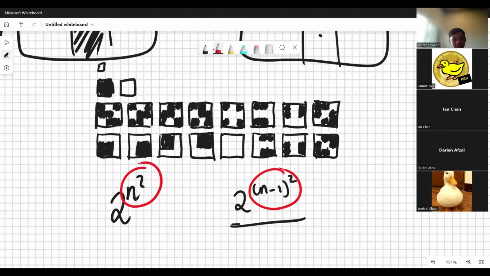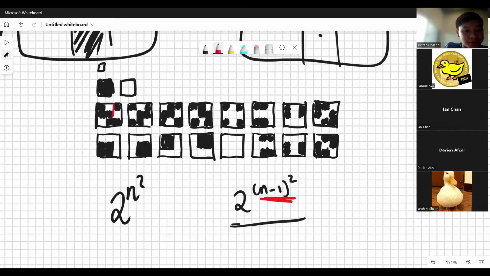So you mean you look at the top left n-1 times n-1 checkerboard, and yes, you basically have to focus on that. So here, let's take a look. This actually suggests that we observe the n-1 times n-1 square on top. So let's look at these squares.